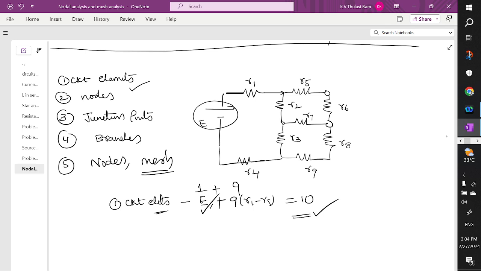Next we want to identify the number of nodes.